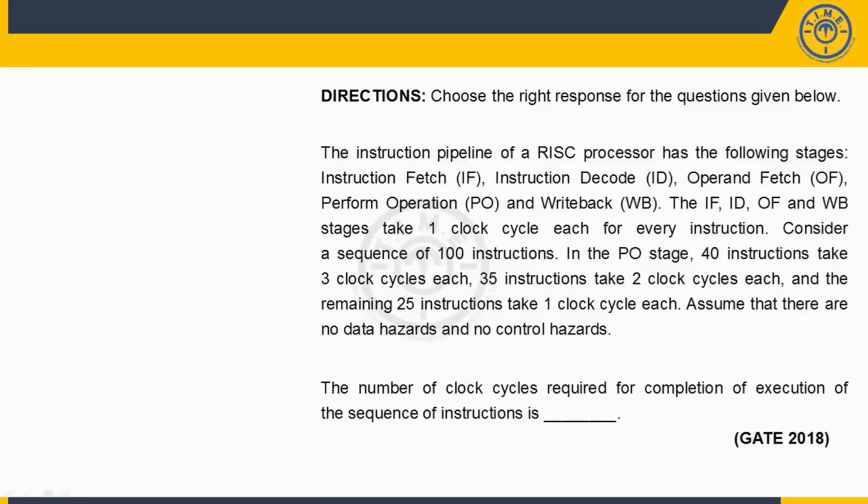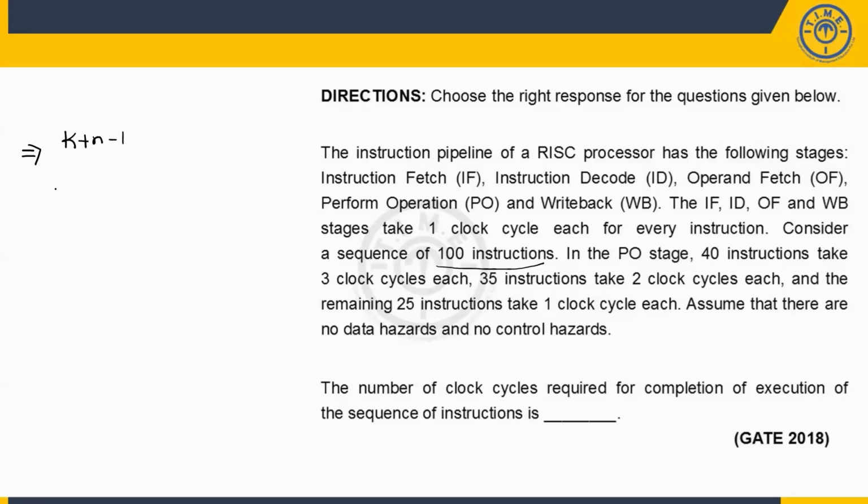So let me solve this question for you. See, understand. Initially, total 100 instructions, right? For 100 instructions, it will be k plus n minus 1.